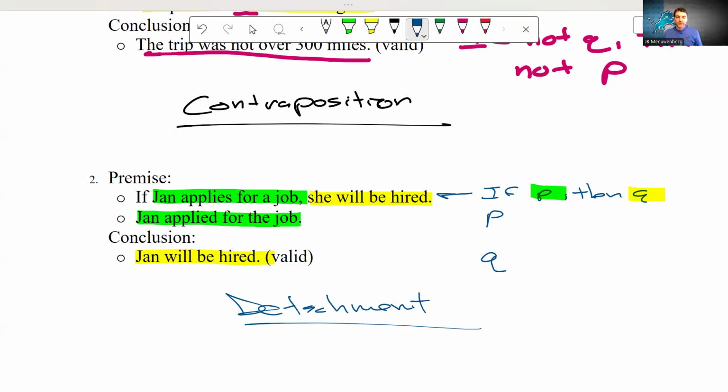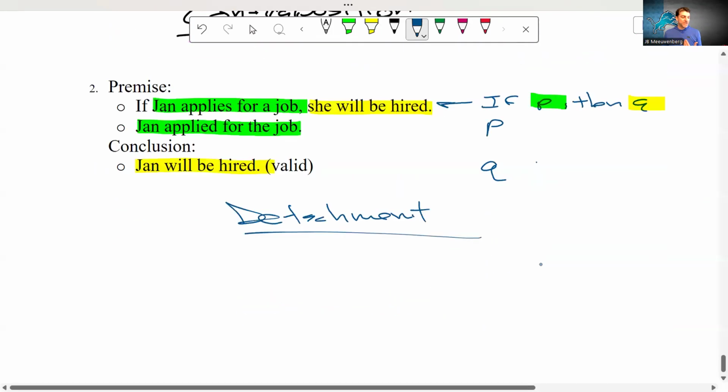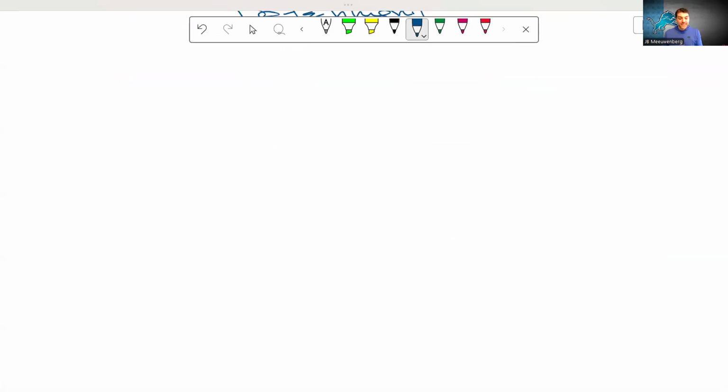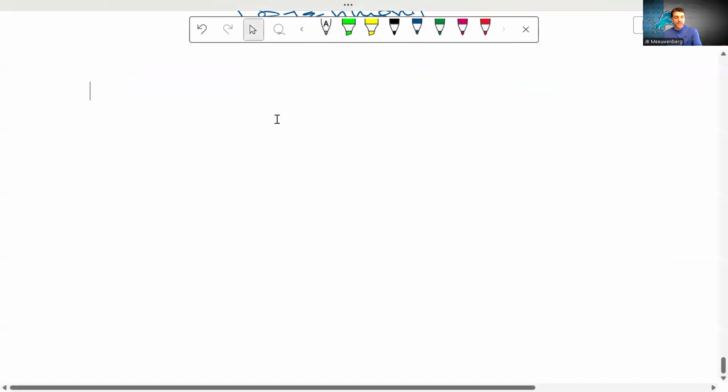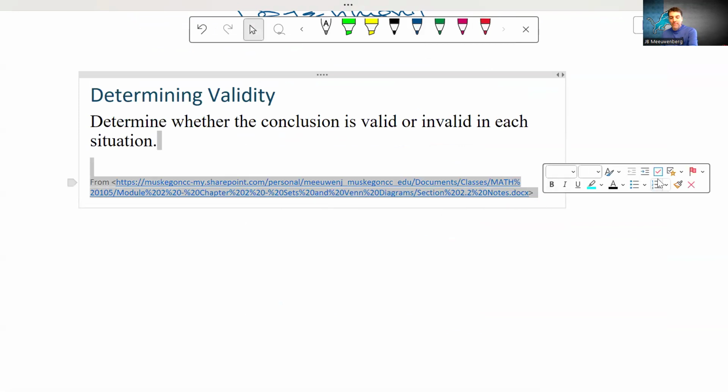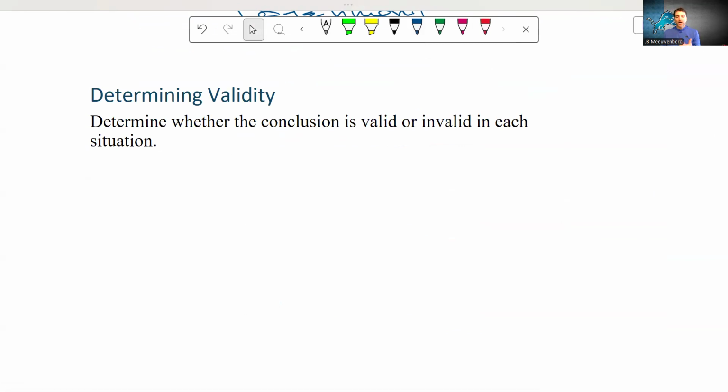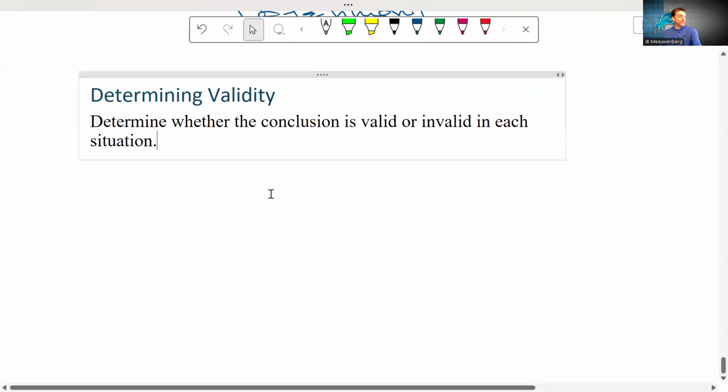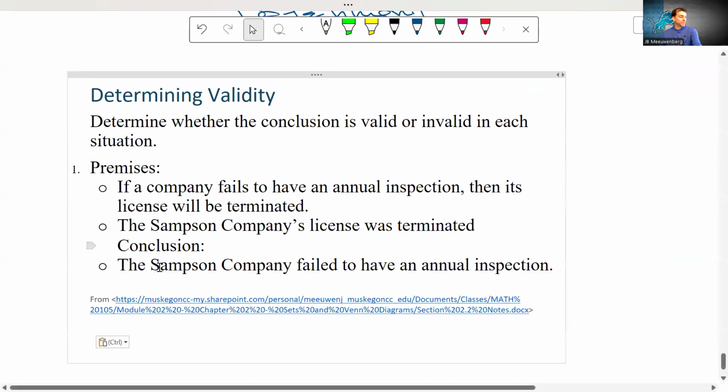So the last thing we will do here is maybe the highest level thinking, and maybe the most important thing that we end up being able to do. And this is determining validity, determining whether a conclusion is valid or not. So this is next level thinking. I'm going to give you some premises and conclusions, and your job is to determine whether or not this is a valid conclusion given the information you were given.